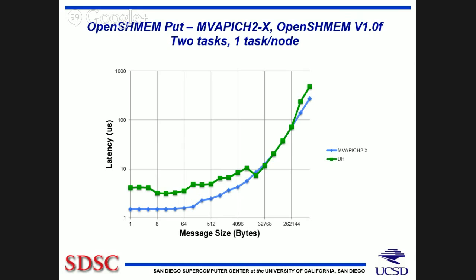The MVAPICH2-X implementation is pretty good. This is, I think, 1.5 microseconds again, very similar to what we got for the UPC case. But the OpenSHMEM implementation is way off compared to that. I think there are a couple of things there. One is that it's pretty variable; the results are not repeatable in the same way.